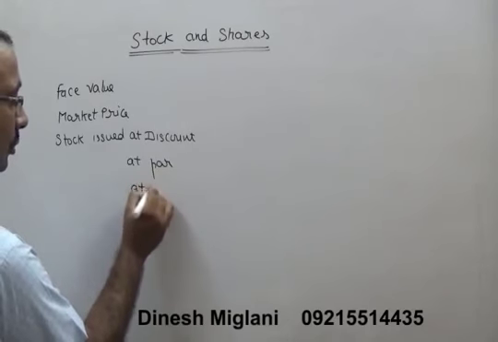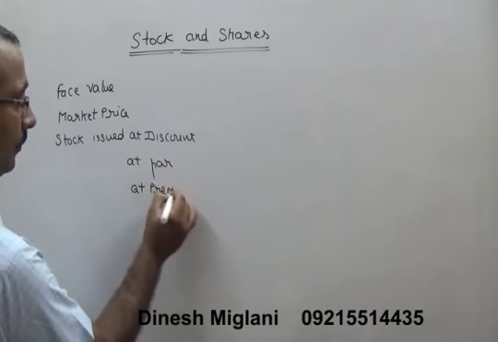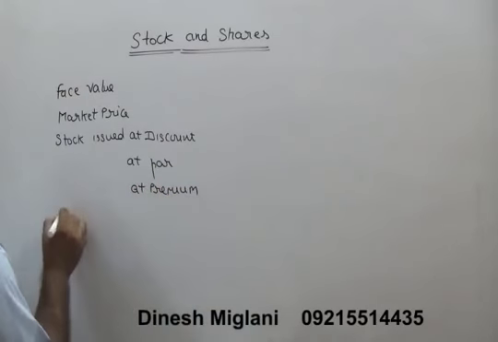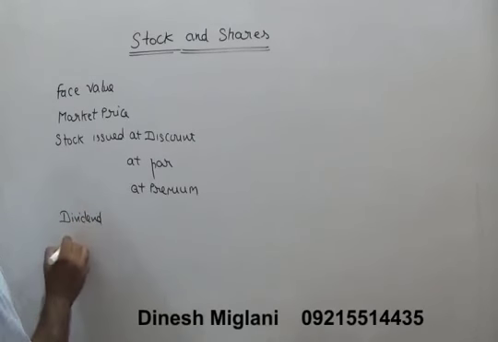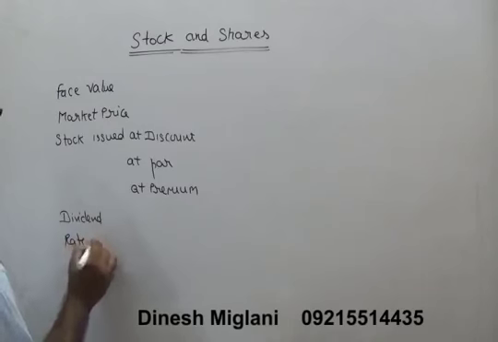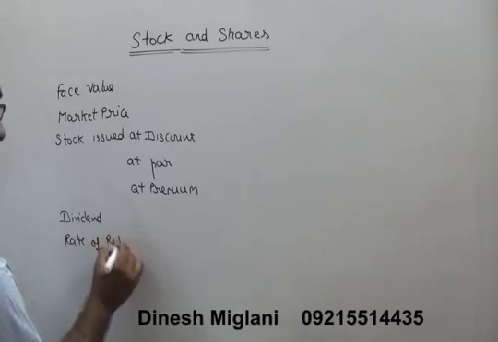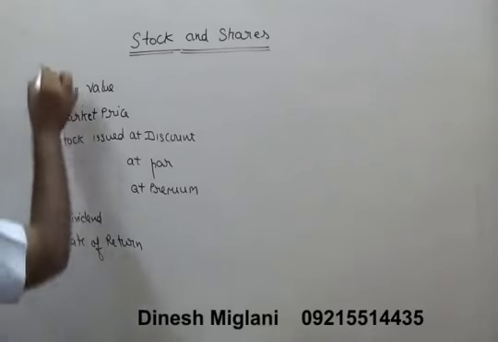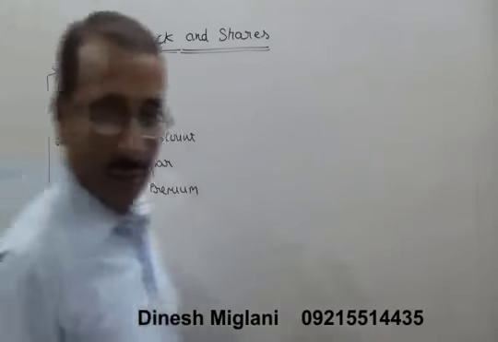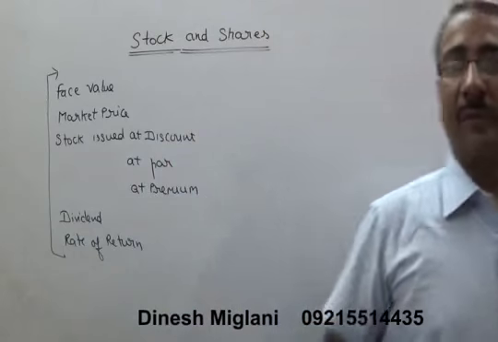Then we use the term stock issued at premium. Right? We have dividend, and then finally we have rate of return. Now this topic requires the knowledge of these 5 terms. First of all, we start to understand one by one.